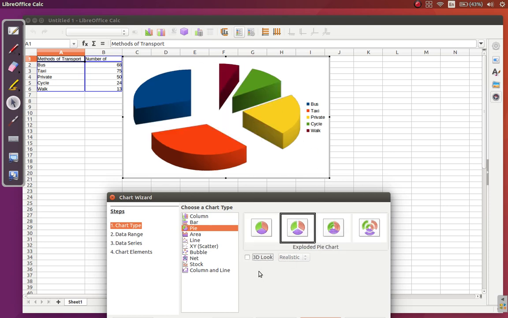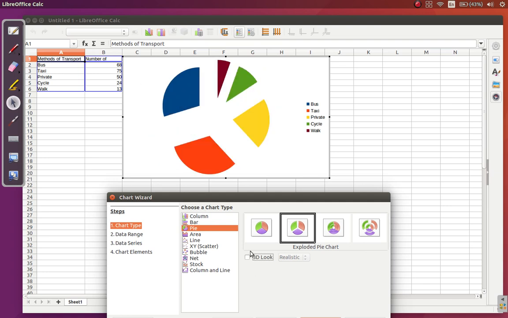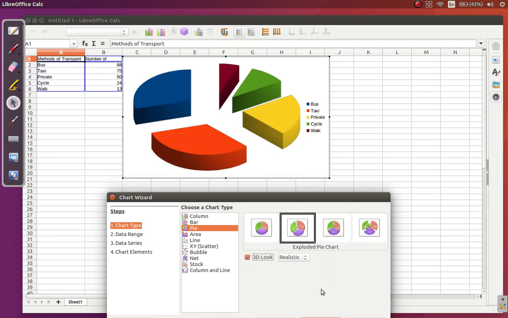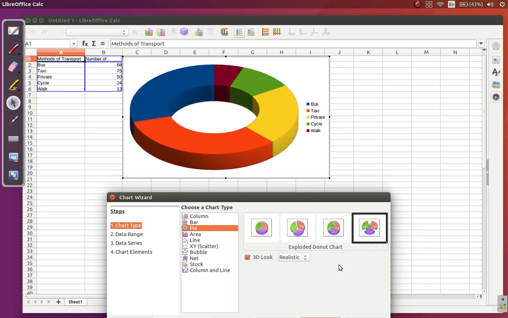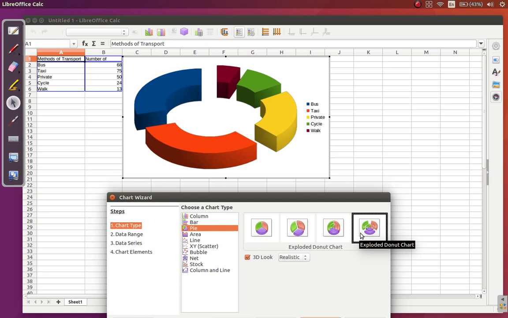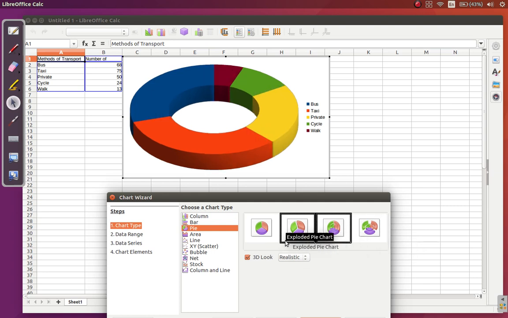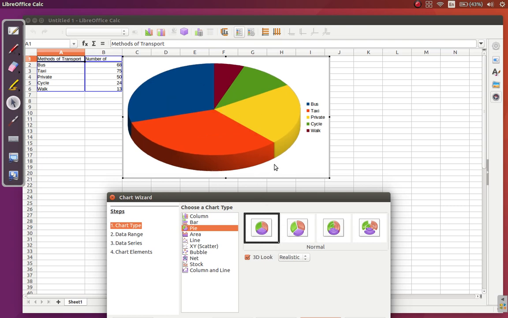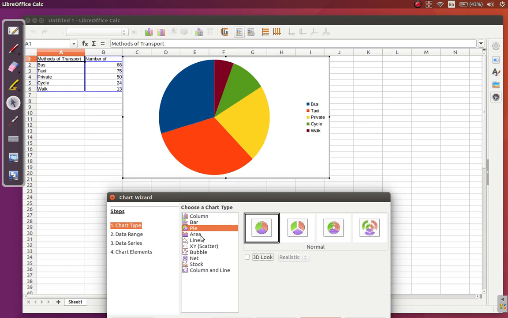All right. You can have them separated in 2D, 2 dimension, or 3 dimension like this. Make them look like a donut, all right, or exploded donut chart. So you have various ways of fancying up these charts.